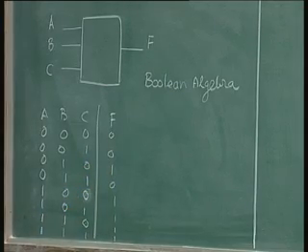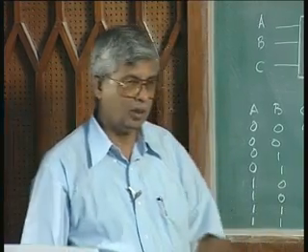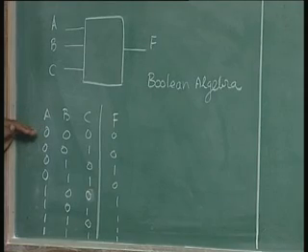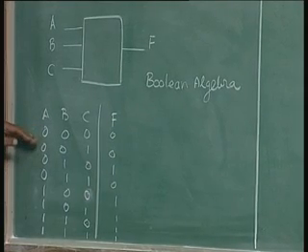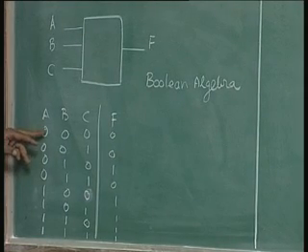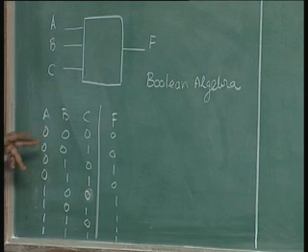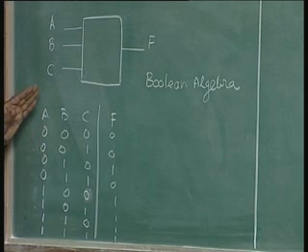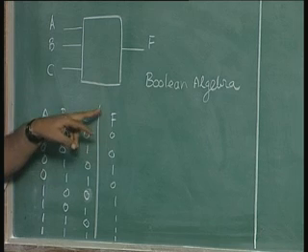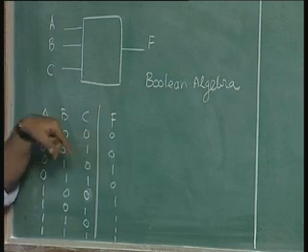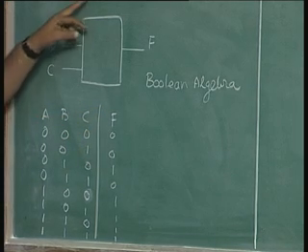This is the truth table we called it, and I also mentioned this, each of these rows is called a min term, wherein all the inputs are present either in the true form or the complement form, and you can write a function which is true as a sum of products.